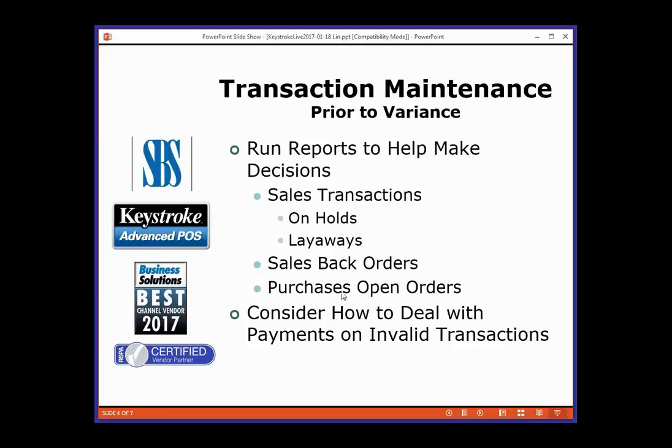Now, having outstanding purchase orders that are old or invalid will not mess up your physical count, but it will mess with auto ordering if Keystroke thinks you have something on order when actually you don't. Those items may not get auto-ordered. So this is a way to clean that up as well.